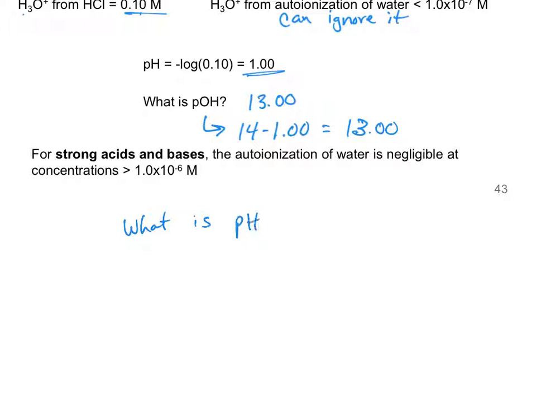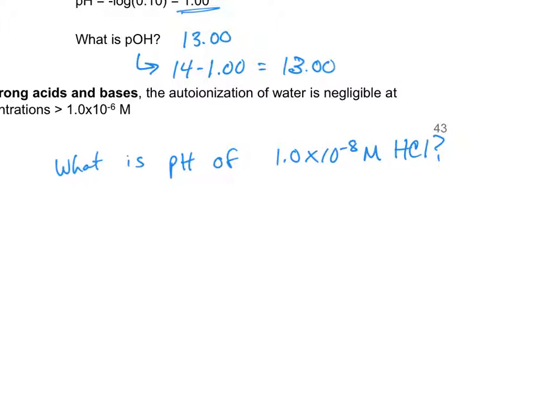What is the pH of 1 times 10 to the minus 8 molar HCl? What do you get? You get 8, right? Does that make sense?